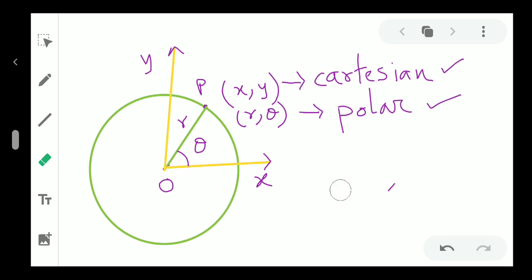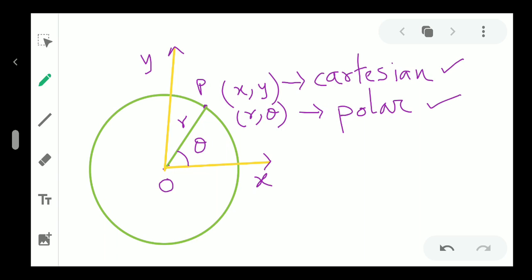Now why are we talking about this? Because we are talking about circular motion, so it will be very important for us to locate any object or any point on the circumference of a circle in which it is revolving. One more thing: I think you remember that I have talked about differentiation.